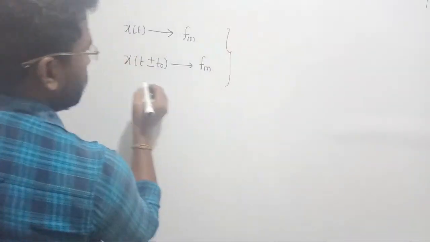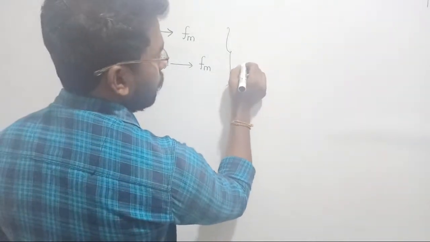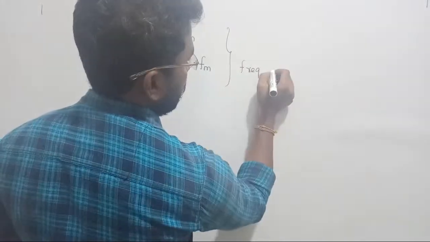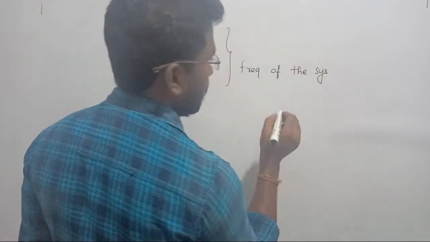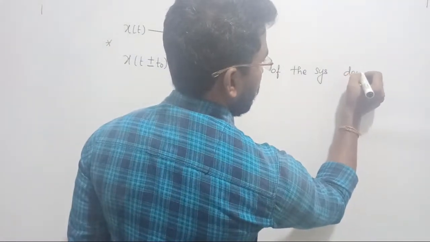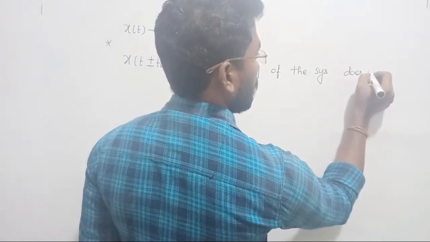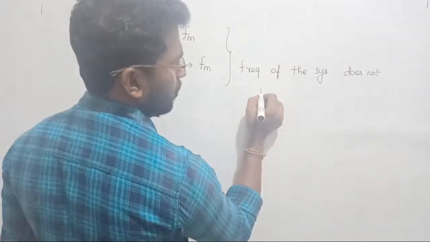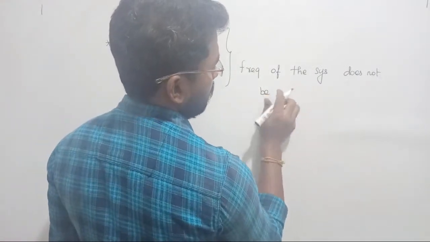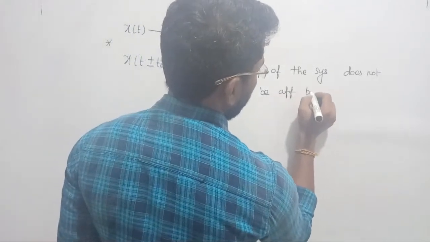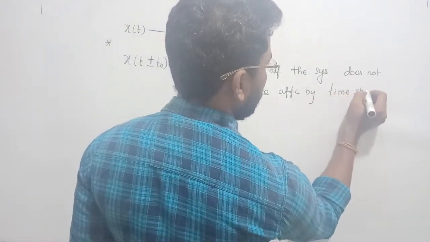Just mark this statement: time shifting does not change the frequency, so the frequency of the system is not affected. Just write down, it won't be affected by time shifting.